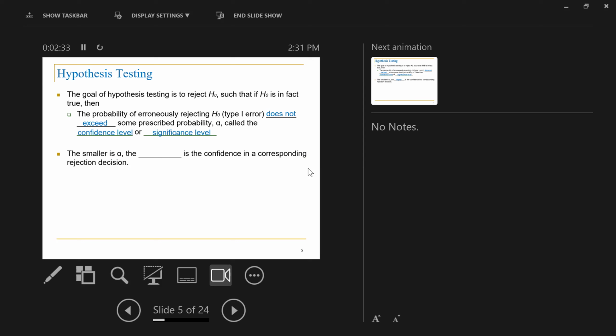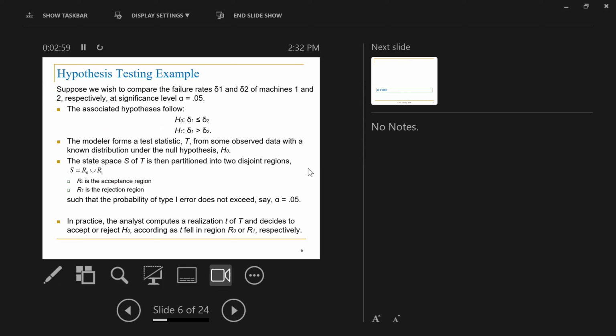Okay, so we want to make sure that the probability of us being wrong is very small, right? And that's what we call the confidence level. The smaller this alpha is, the higher the confidence in a corresponding rejection decision.